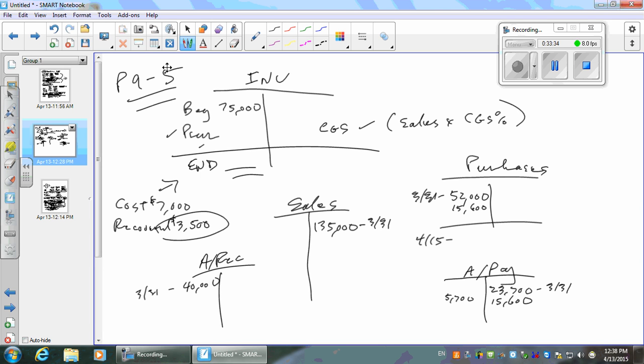It's paying off some of that 23,700. 5,700 got paid off as of March 31st. 3,400 for April merchandise shipments. So what's that? There's open invoices of 15,600, but they also paid another 3,400: debit accounts payable and credit cash, right? You guys agree with that? 3,400 for April shipments, right?